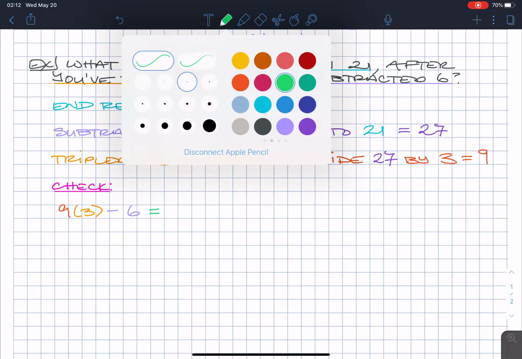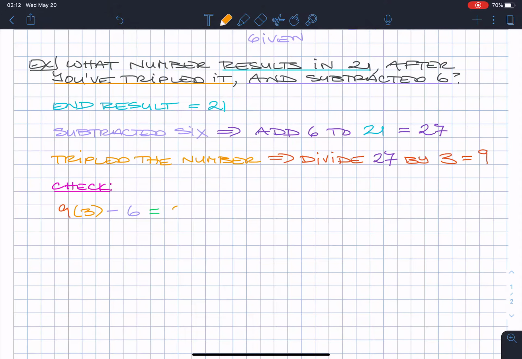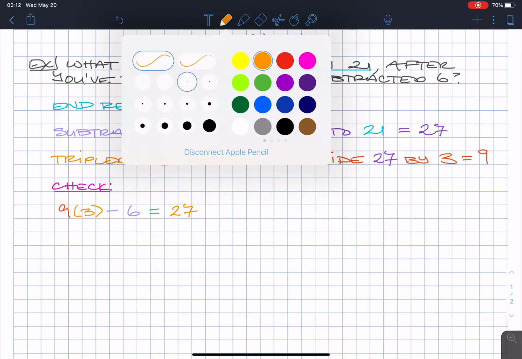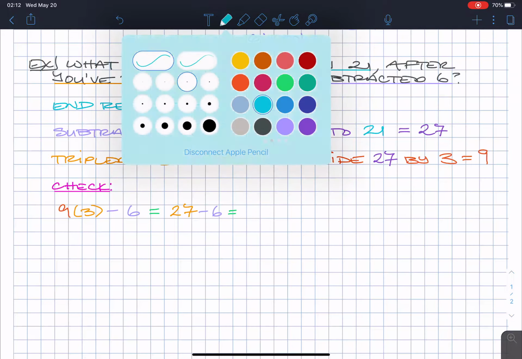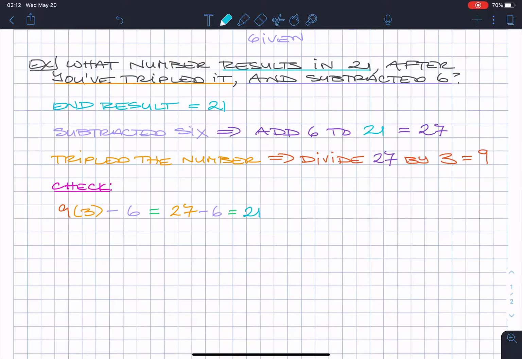This would give me 27 minus 6. And is that indeed 21? Yes, it is. 21, check mark. So working backwards did get me to the 9. So this is what I'm looking for, 9.